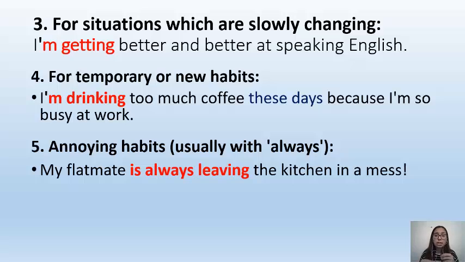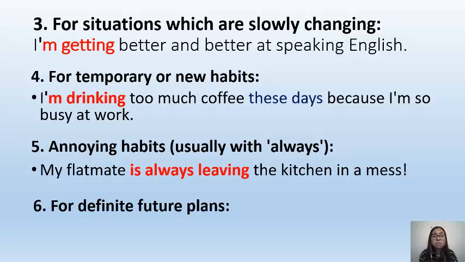The thing is that we use it to talk about something that makes someone else get angry, because of something you do or usually do. It's because you're doing something annoying, an annoying habit. That is an annoying habit, and in those cases we can use the present continuous. For example, if I say, my flatmate is always leaving the kitchen in a mess.